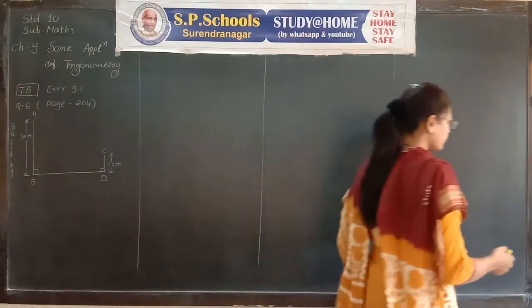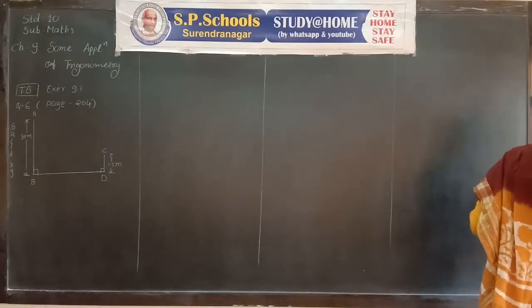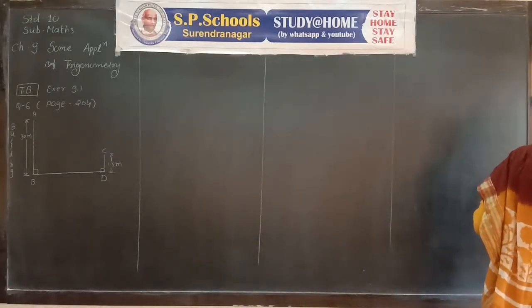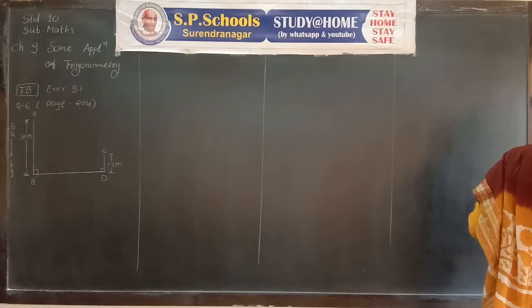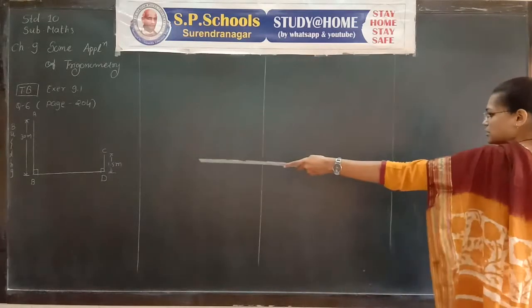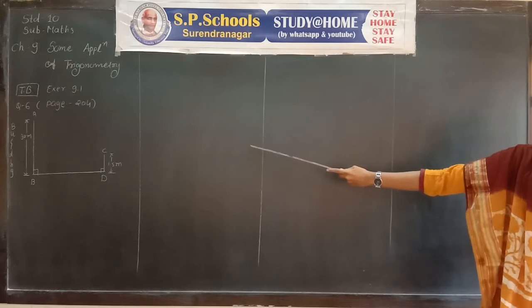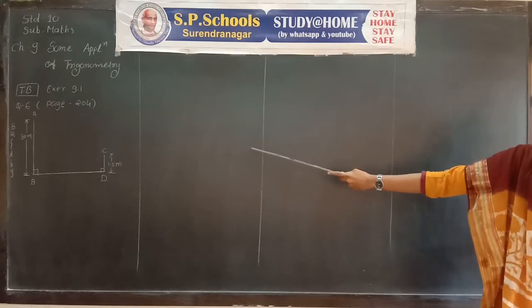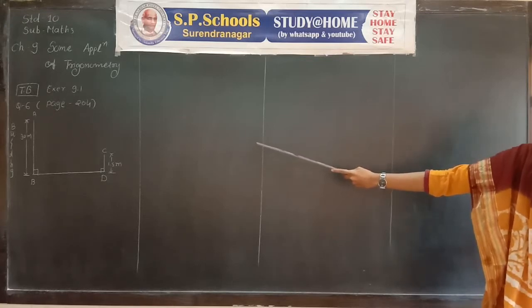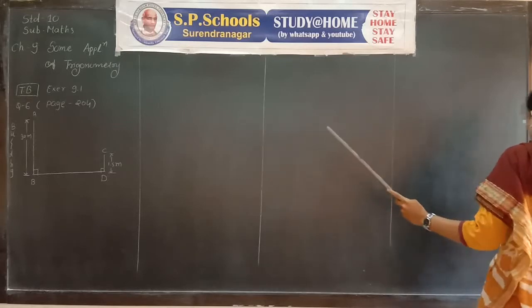Next, the angle of elevation from his eyes means from C. From C, the angle of elevation of the top of the building increases from 30 degree to 60 degree as he walks towards the building.